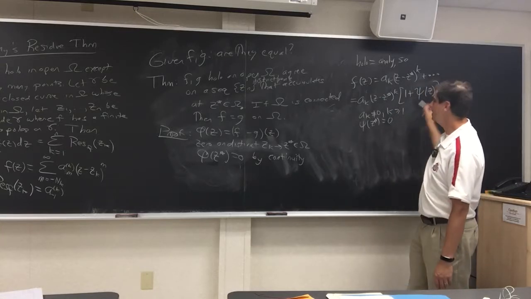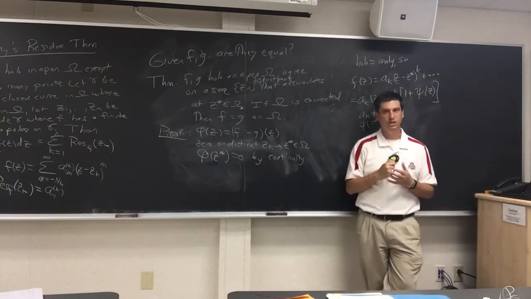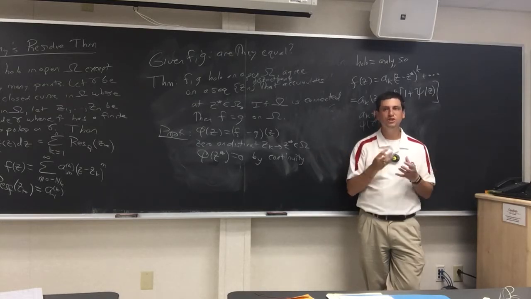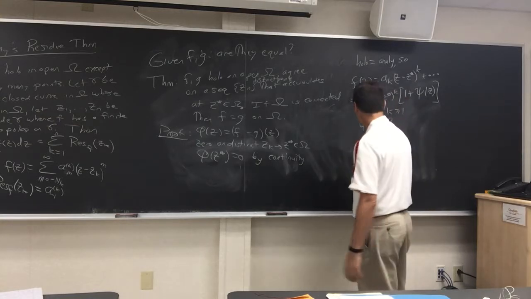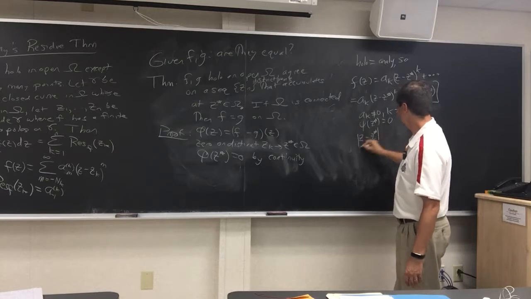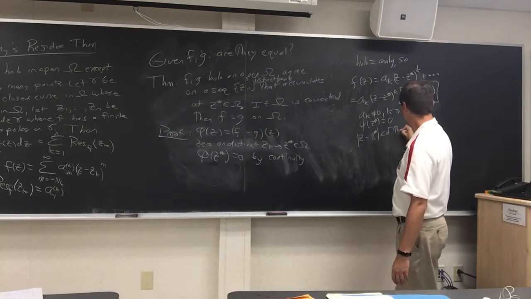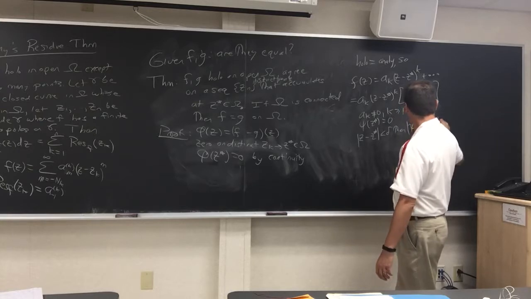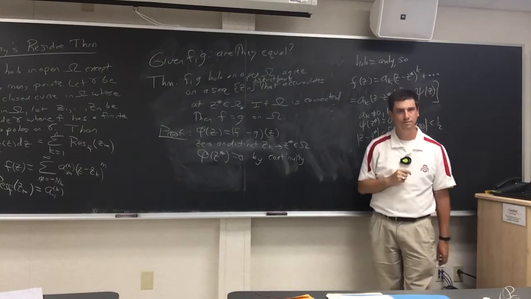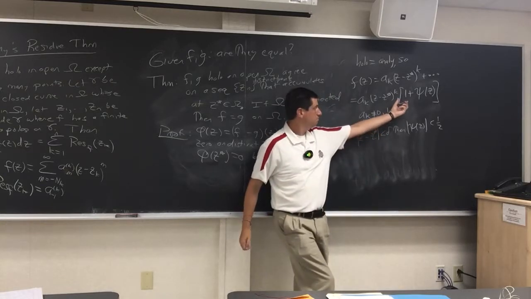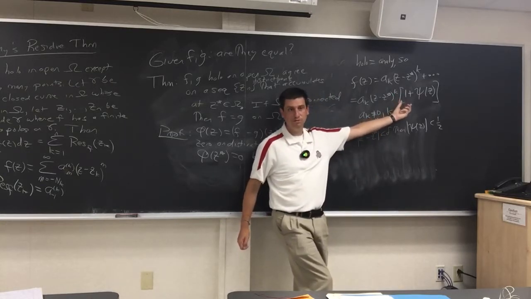That means c has to be small if we're close to z star. So if we're sufficiently close to z star, it's at most a half in absolute value. If z minus z star is less than delta, then c of z will be less than 1/2. Right? Because it's converging to 0.